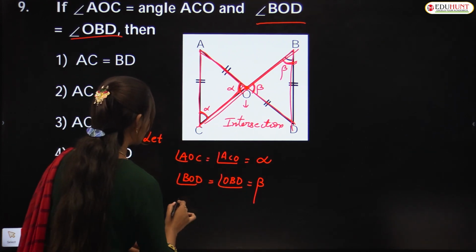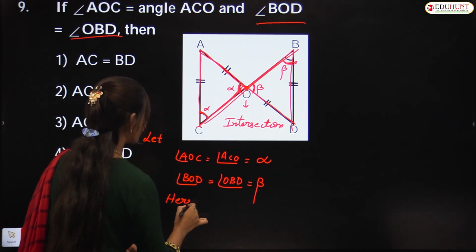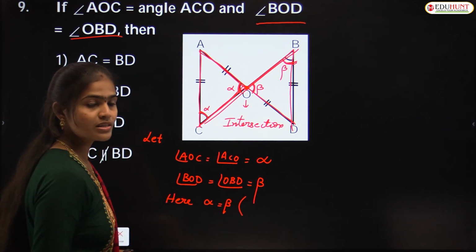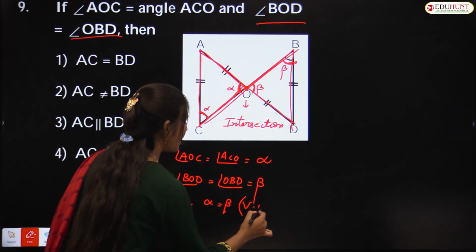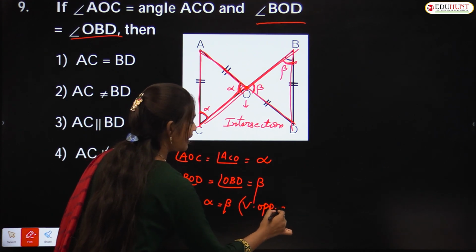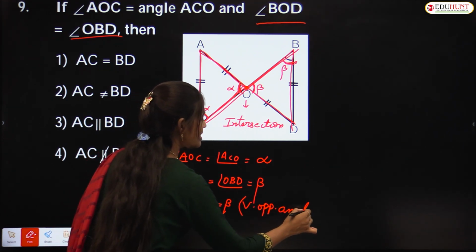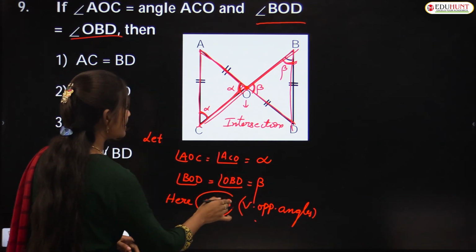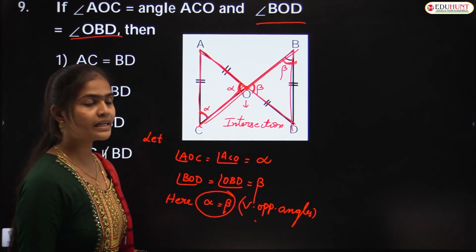So according to that condition, alpha is equal to beta. Why? Because the condition is vertically opposite angles, and we know that vertically opposite angles are equal.